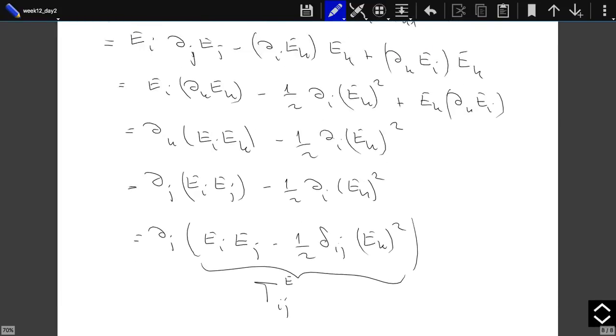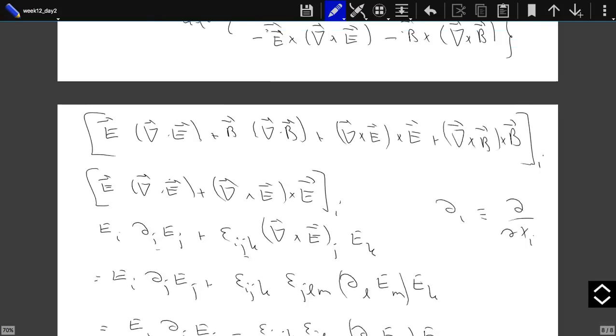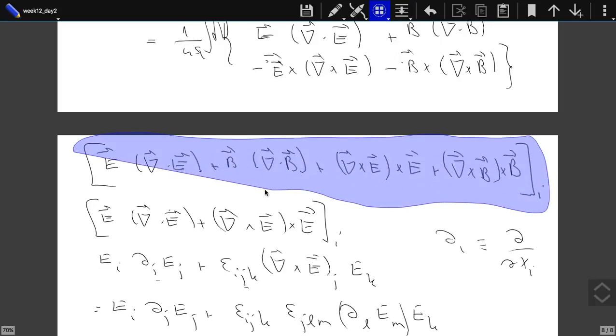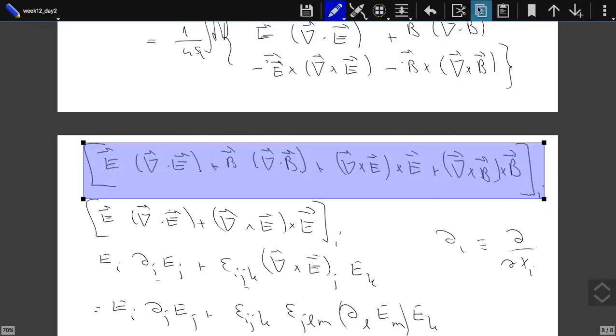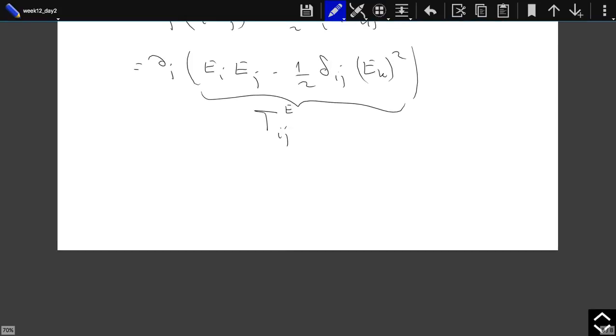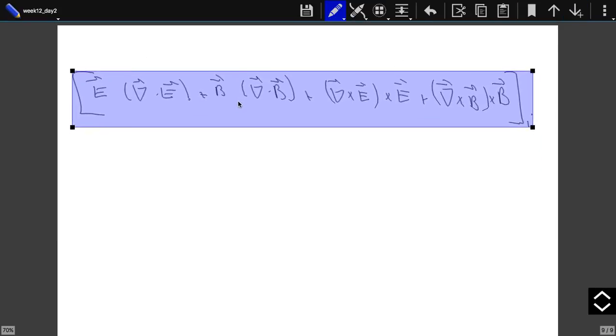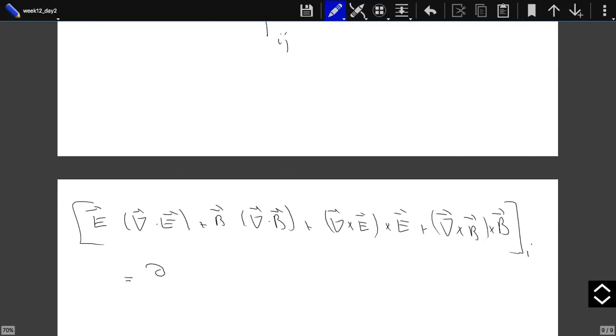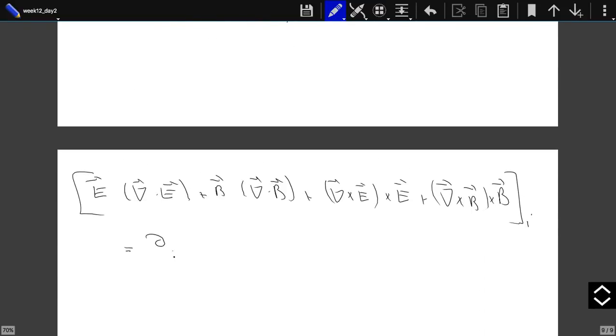I can just repeat the same thing, everything is exactly the same for the B. So this whole thing, the I component is del J Tij, where Tij is equal to Tije plus Tijb.